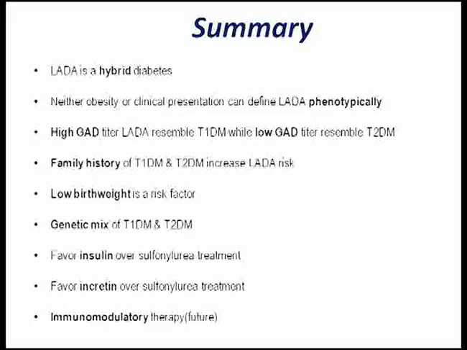Low birth weight is a risk factor. There is a genetic mix of type 1 and type 2 gene variants. Favor insulin over sulfonylurea treatment. Favor incretin-based therapy over sulfonylurea treatment. And immunomodulators are probably the therapy of the future.